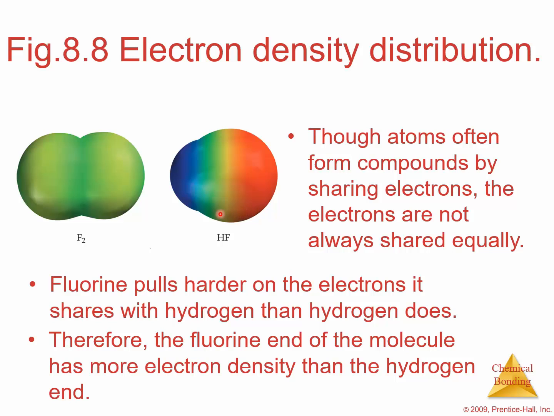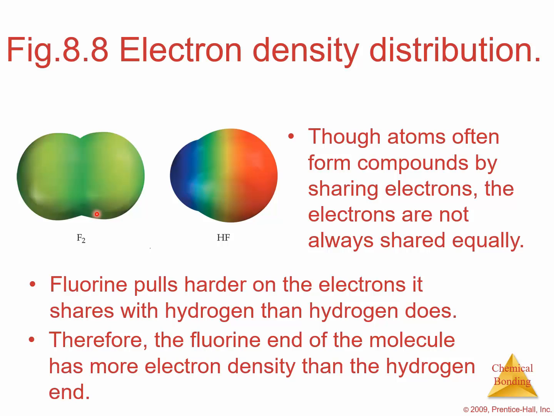So we can say this is unequal sharing, whereas in F2 it is equal sharing. This is a computer-generated rendering that shows the calculated electron density distribution on the surface of these two molecules.